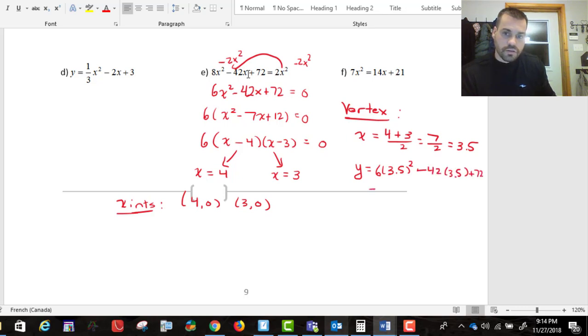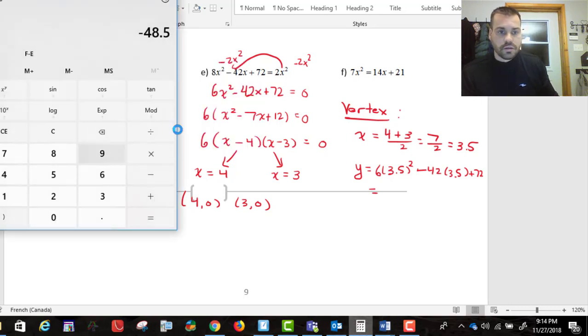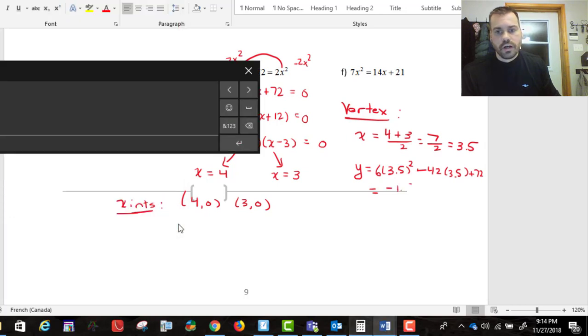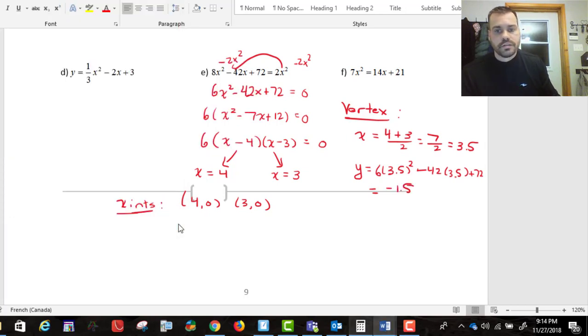On my calculator, I go 3.5 squared, multiply that by 6, then minus 42 times 3.5, and then add 72. And we're going to get minus 1.5. So our vertex is 3.5 and minus 1.5.